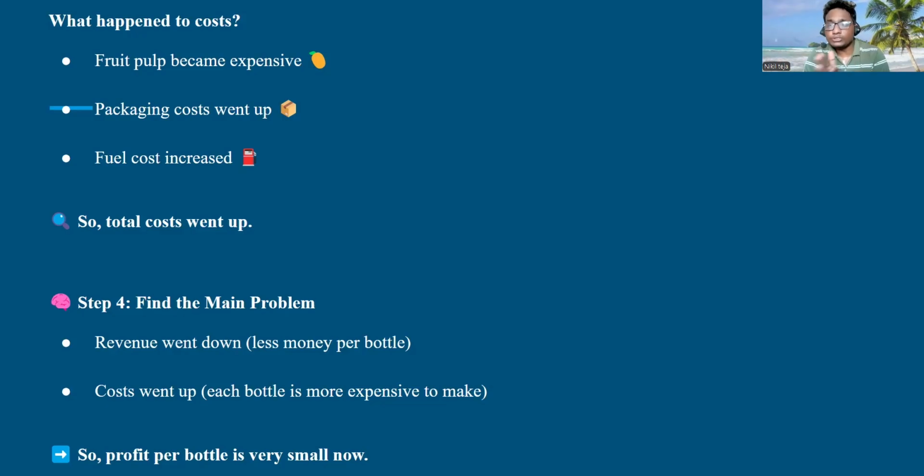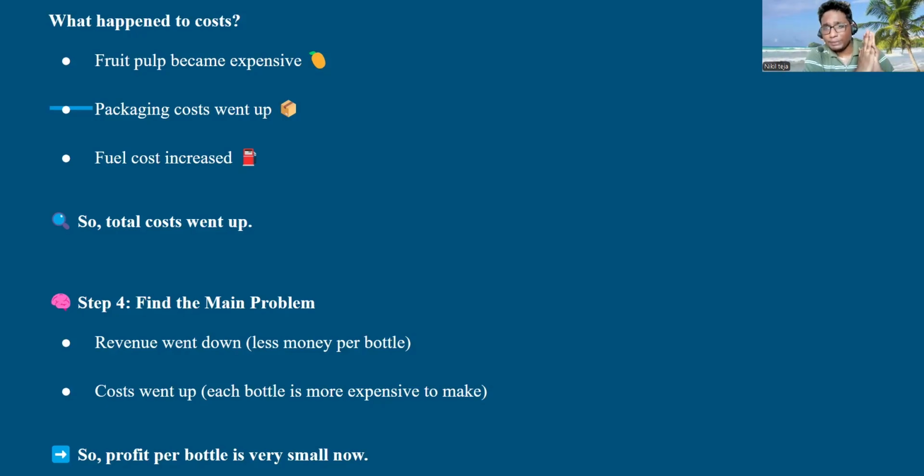And we need to give them some strategies, some solutions so that they can increase their profit. Let's see step 4. Find the main problem. Finally, we have to find the main problem after getting the insights, right? Revenue went down because of the discounts as well as the demand of the retailers. Retailers are demanding more money to sell the products of Fresh Ship.